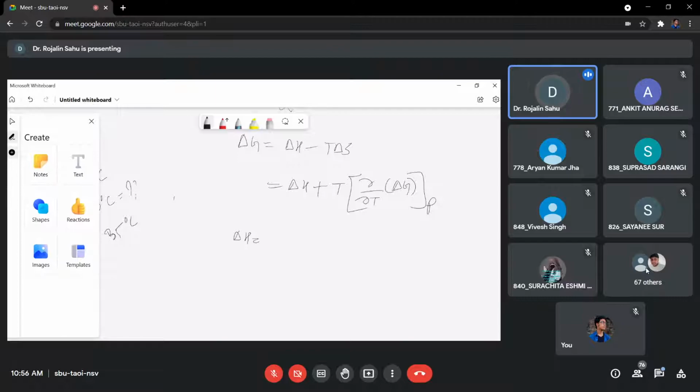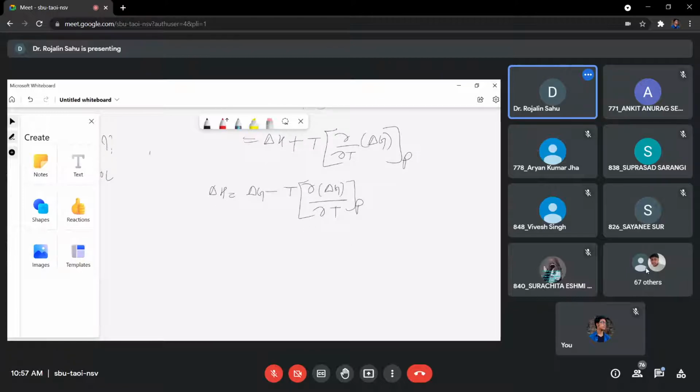Now del H is equal to del G minus T into del G by del T at constant pressure.